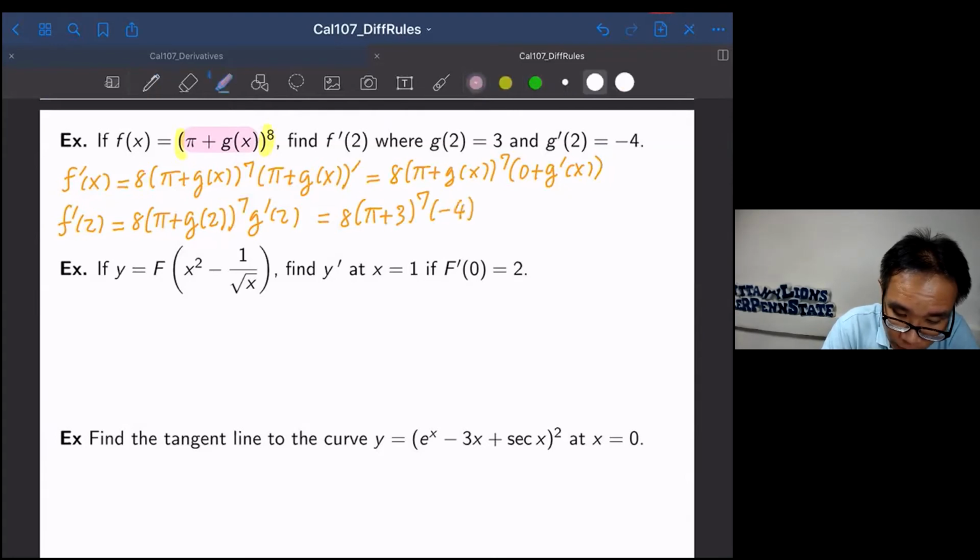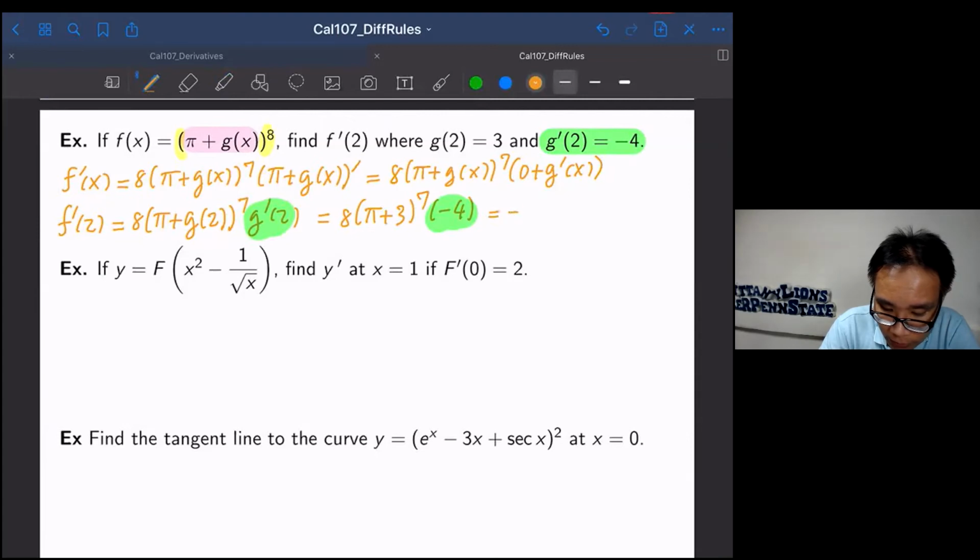So you plug everything in, and so far we get negative 32π + 3 to the 7. Okay, so this one is your f'(2).